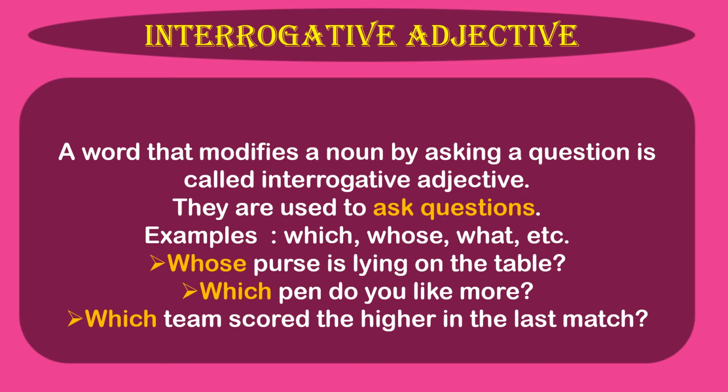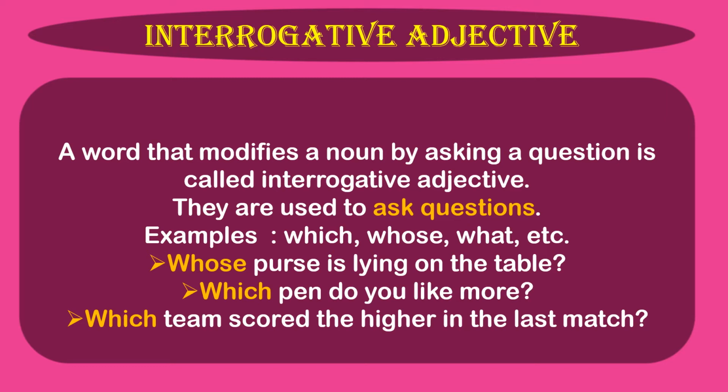So what is the difference between an interrogative adjective and a pronoun? Interrogative adjectives are placed before a noun. As you can see, they are accompanied by the noun. Whose purse? Purse is a noun, so whose is your interrogative adjective. Which pen do you like more? You are asking about the pen. It is placed before the noun, so it is your interrogative adjective.